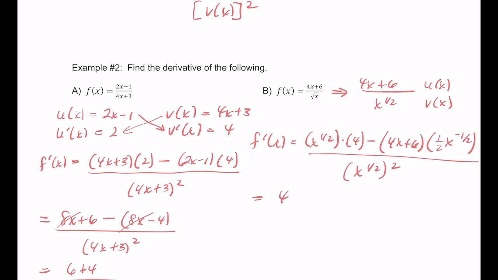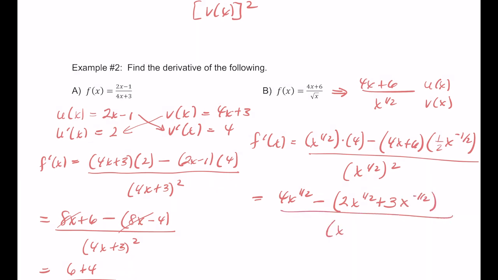Okay, so I'm going to go through and distribute and multiply. I've got 4x to the 1/2 minus, and then if I distribute that 1/2 x to the negative 1/2, half of 4 is 2. X times x to the negative 1/2 would just be x to the 1/2. And then half of 6 is 3, and then it's just x to the negative 1/2.